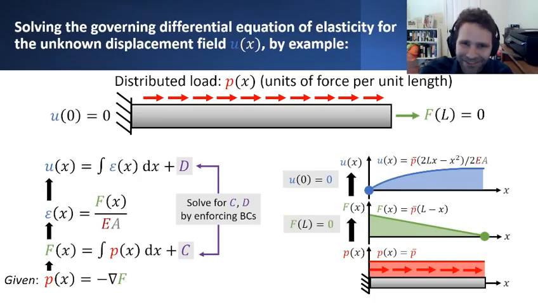Hence, the two-step procedure working backwards from distributed load to internal force to strain, and then finally to how the displacement varies along the length. And we could only do this because we had a well-posed boundary value problem. We had the right boundary conditions prescribed for this problem.